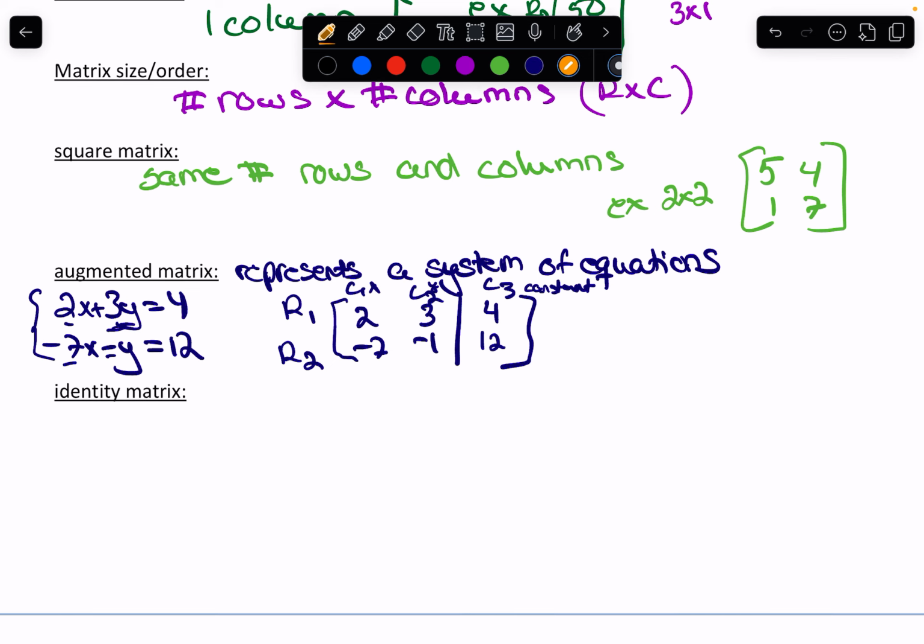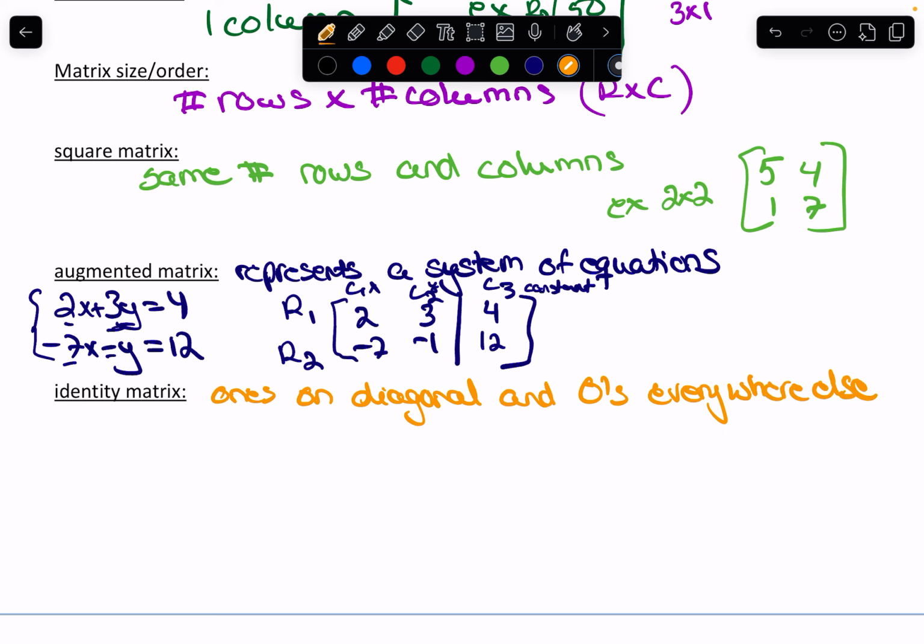An identity matrix is where we have ones on the diagonal and zeros everywhere else, except the augmented column.